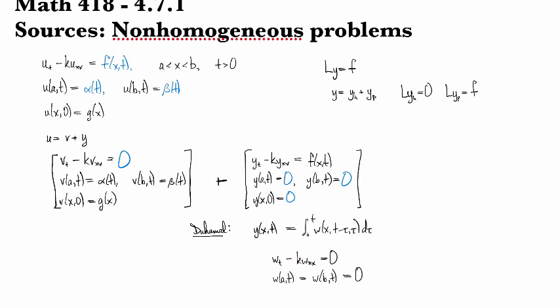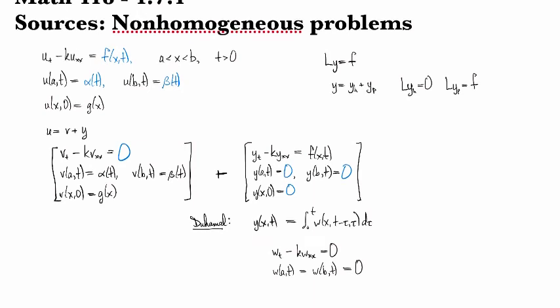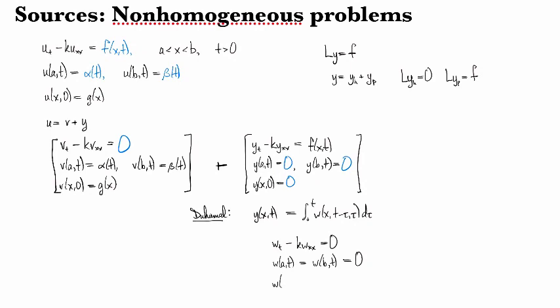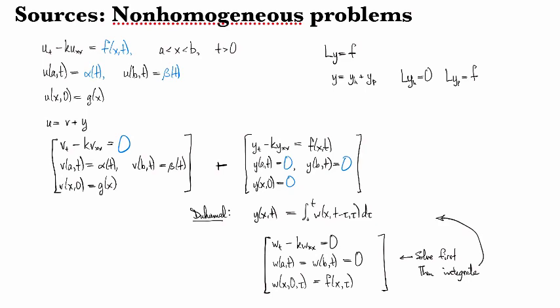So we've still got the homogeneous boundary conditions, but now we use the non-homogeneity to tell what this thing starts with. So we take a family parameterized by tau, and for each value of the parameter, we start it with the given non-homogeneous condition. So the method of solution is you solve for w first, and then you integrate, just like we saw previously.